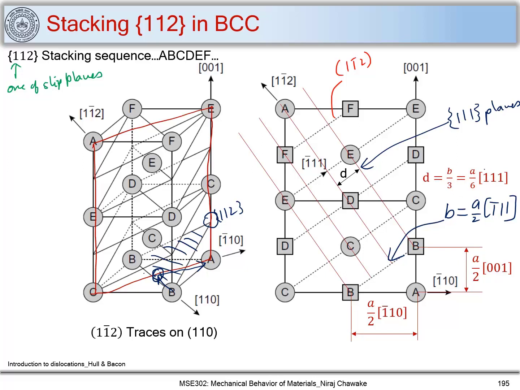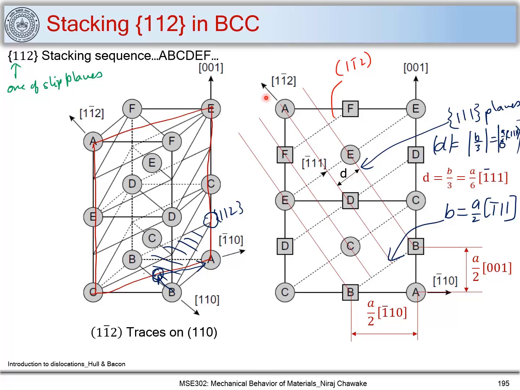So it will be here A by 6 bar 111. So the magnitude of this d will always be b by 3 and it should be A by 6 111. And so this is the distance between these two consecutive 111 planes.